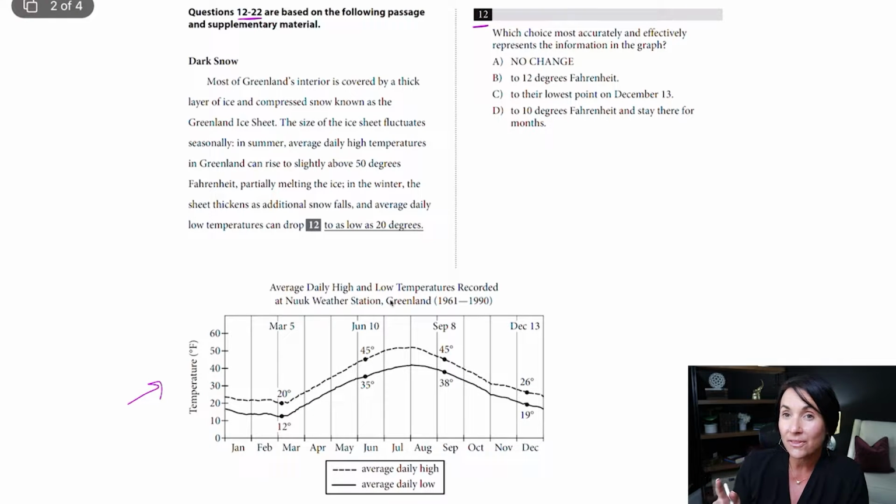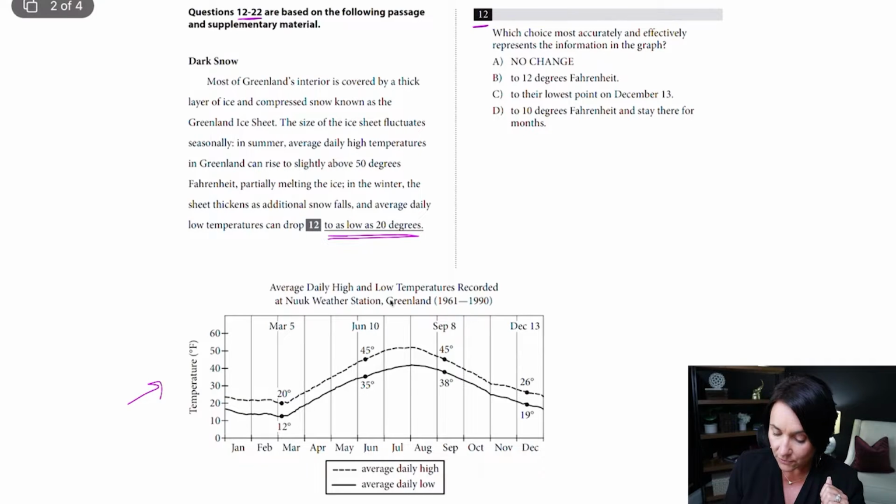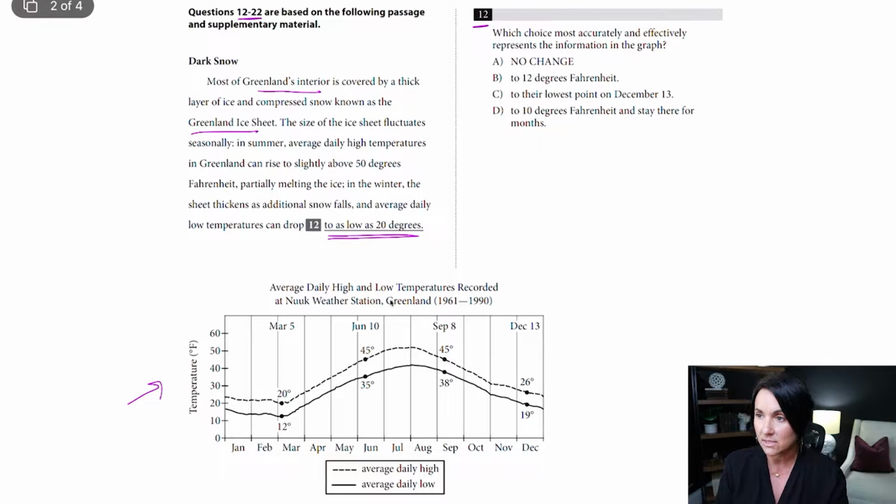All right, so a couple things. If you get a question like this on any exam, you can analyze the graph, or you can take a look at what's going on here. So let's begin reading the paragraph, because it looks like I might need to know the paragraph before I answer this question. Most of Greenland's interior is covered by a thick layer of ice and compressed snow known as the Greenland ice sheet, okay? The size of the ice sheet fluctuates, meaning it goes up and down seasonally.